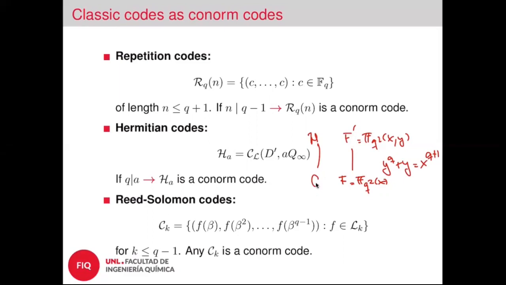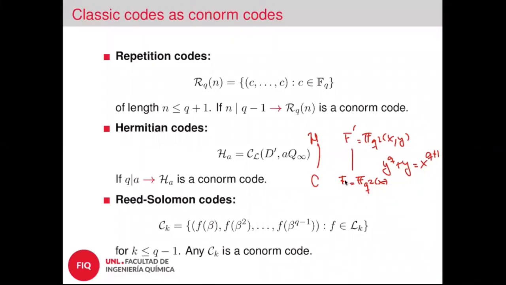The code C is formed using all the rational places in F, except P_infinity, which is the pole of x.